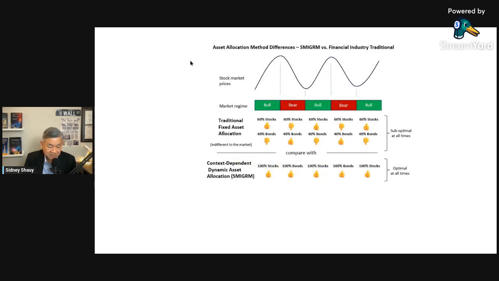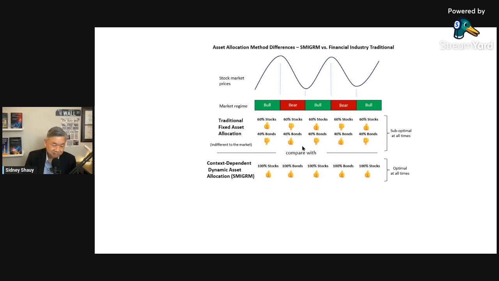So basically, this is how it works. If you have the traditional 60-40, for example, you're allocating that way. You'll have 60-40, 60-40, 60-40, regardless of whether you're in a bull market or bear market. When you're in a bull market, stocks are going to do great, but bonds not so much. But when you're in the bear market, stocks are doing horribly, and bonds supposedly doing well.